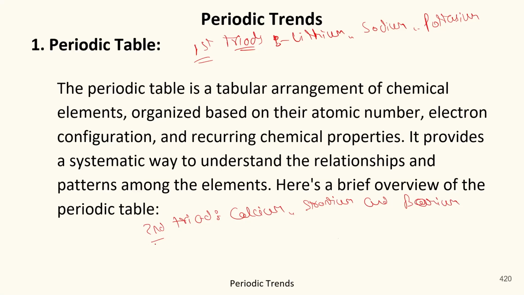Got it? And the third and last triad was chlorine, bromine and iodine. Okay, so these were all the triads which could be made on the basis of Dobereiner's triad statement. So these are Dobereiner's triads.